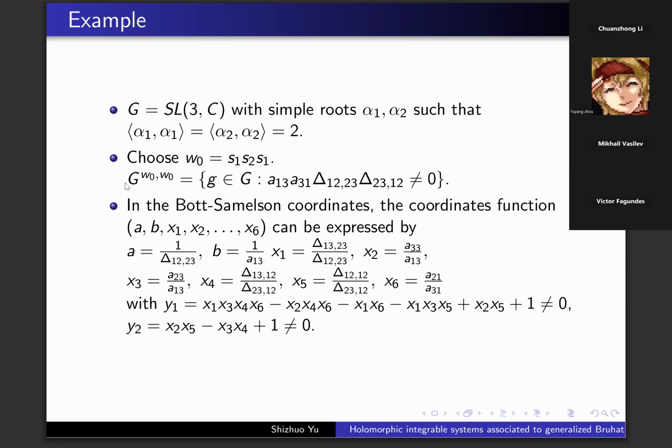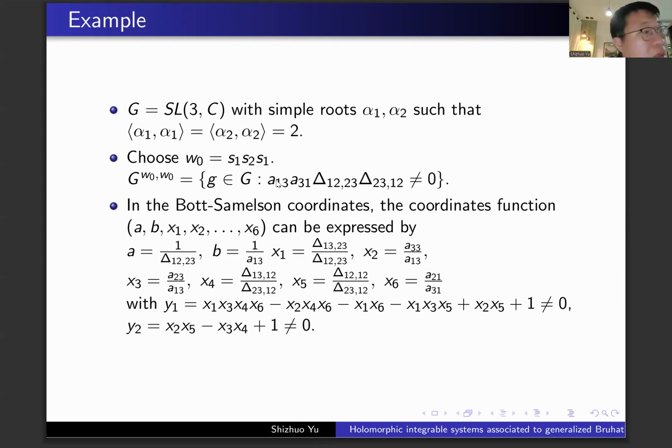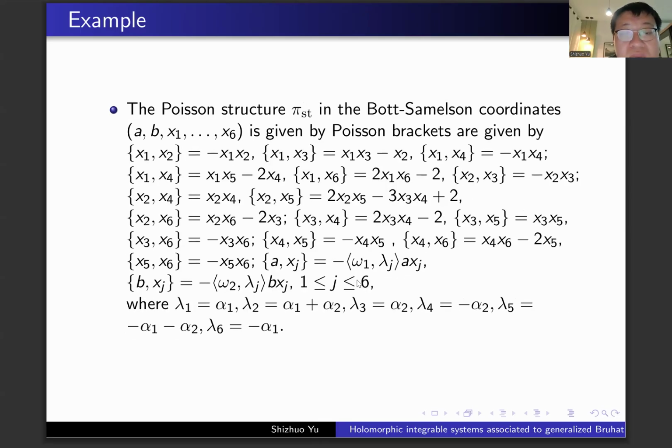And the double Bruhat cells can also be written concretely by the inequations of the polynomials of the minors. And these are the examples. The Poisson bracket can also be read very concretely.